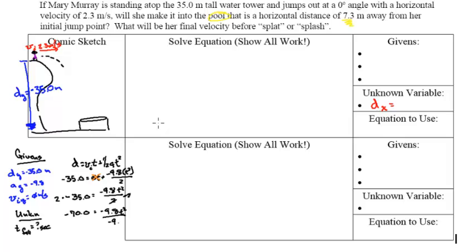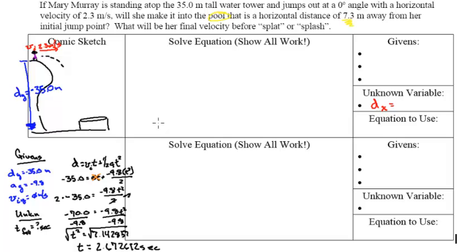Divide both sides by negative 9.8. T squared equals 7.142857. Square root one side, square root the other. Time equals 2.672612 seconds.